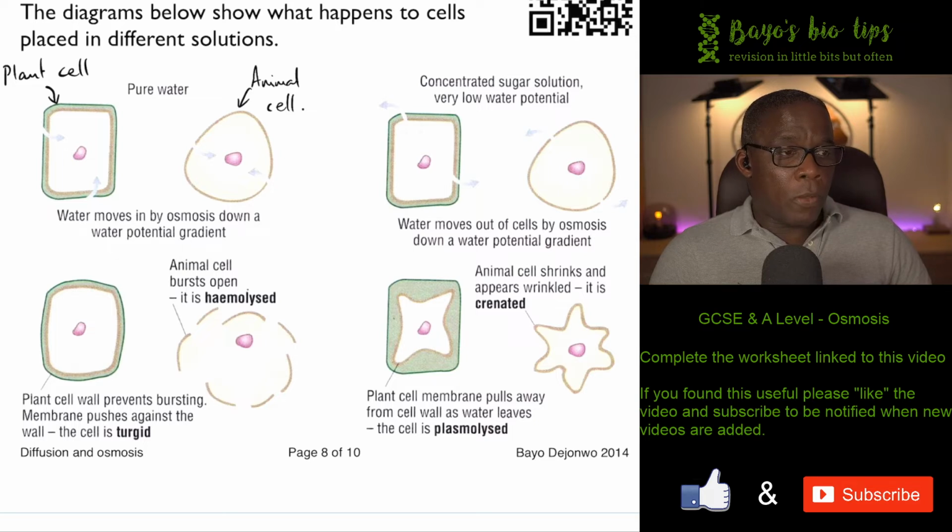And if enough of the cytoplasm has shrunk away from the cell wall, it will not be able to repair itself, and at that point the plant will lose turgor and will become flaccid and eventually die. So we describe that as being plasmolyzed. In an animal cell, it will lose water and shrink and become wrinkled. So you can see that there.